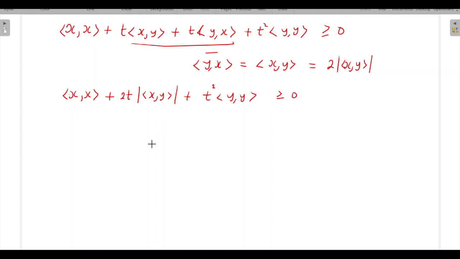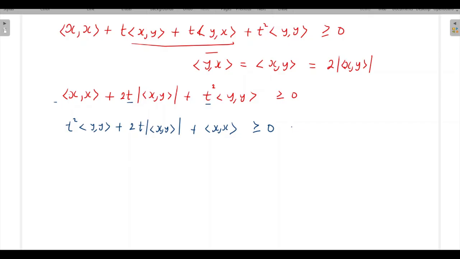When you are dealing with something like this, it looks very much like a quadratic equation because t has a power of 2 here, t is standing alone here, and t has a power of 0 here. So if I rewrite this equation, I can call it t squared into y, y, plus 2t times the absolute value of x, y, plus x, x, greater than or equal to 0.